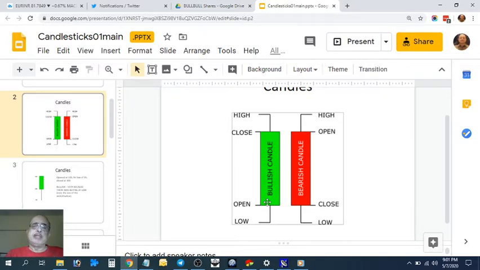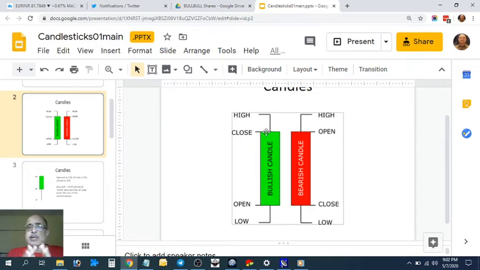Okay. Now a green candle means a bullish candle, which means the close is higher than the open, right? So if you see a green candle like this, it means that it opened out here, it went to a high or a low, and then it closed over here.